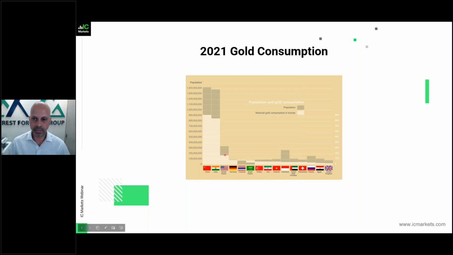As we have seen in the previous slide, 55% of gold demand comes from the jewelry sector, and India and China are the two biggest consumers. Of course, China and India would also have other demands for gold in other sectors, but primarily it would be for the jewelry sector.